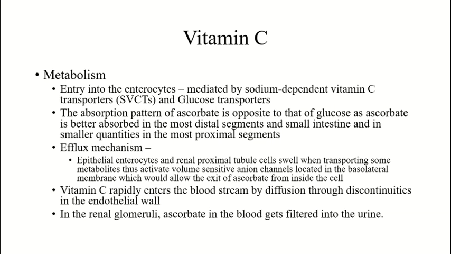Despite that, depending on the vitamin C status of a person, a large proportion gets reabsorbed back along the proximal tubules. The organs with the highest concentration of ascorbate are the adrenal glands, the brain, and the liver. And in terms of size, the skeletal muscle.